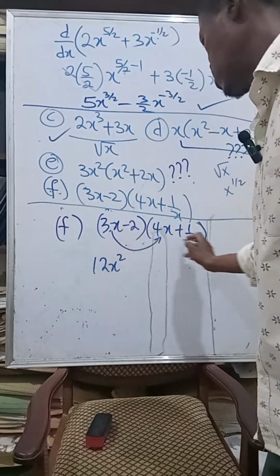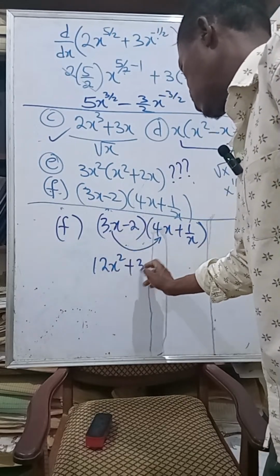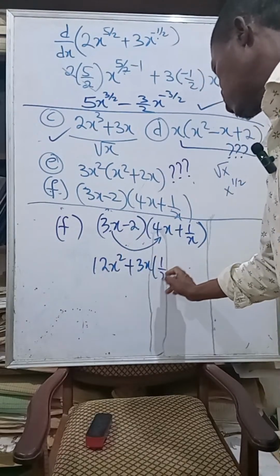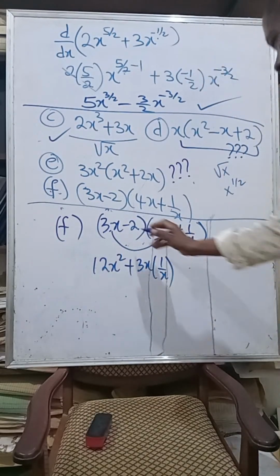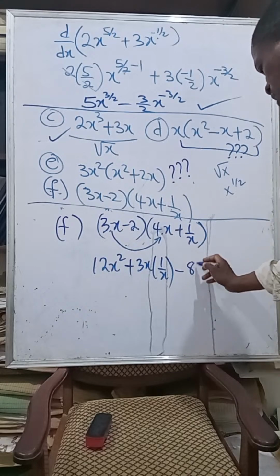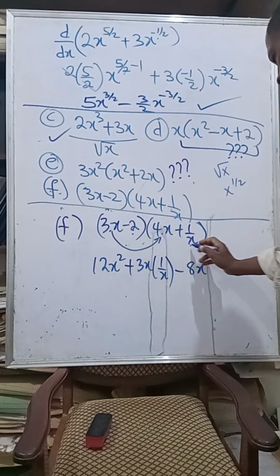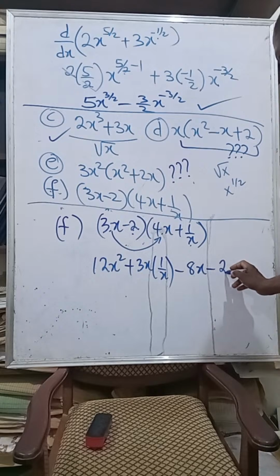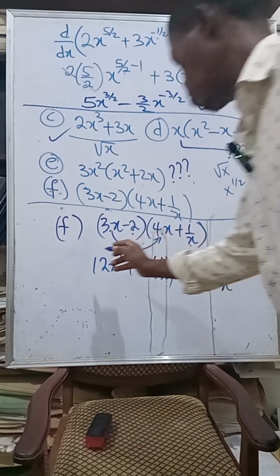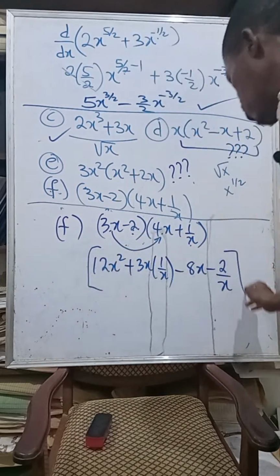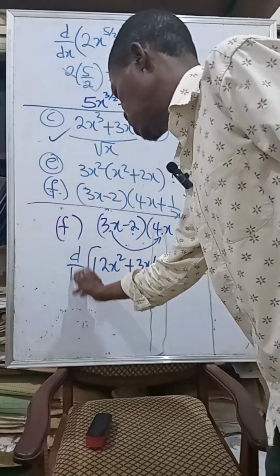This one times this one, that's 3x times 1 over x. And then minus 2 times this one, minus 8x. Minus 2 times this one, minus 2 over x. Then you can open and close the brackets, and put the differential coefficient, d/dx of that.